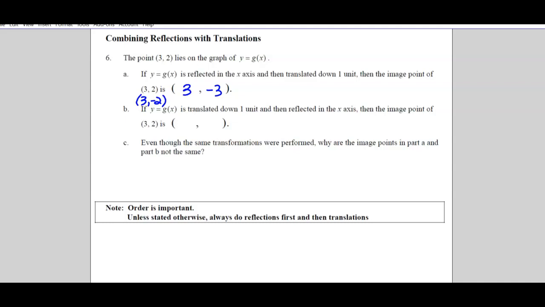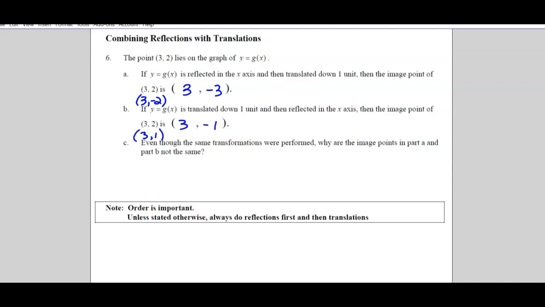I sometimes go step by step in my math. If we translate down 1 unit, that would be (3, 1), and then reflect in the x-axis, then we have (3, -1).